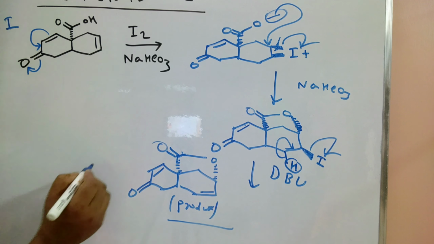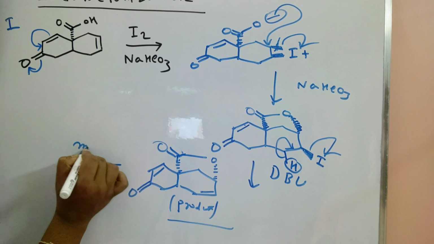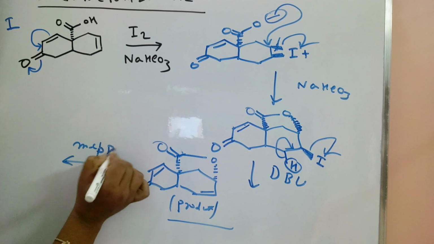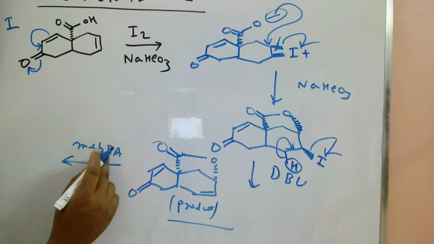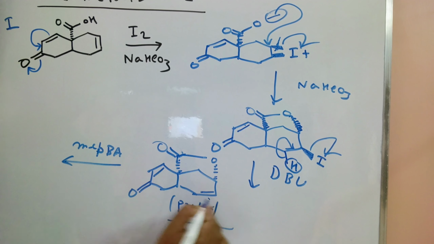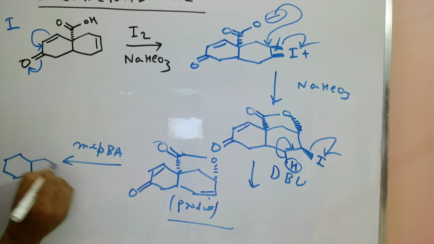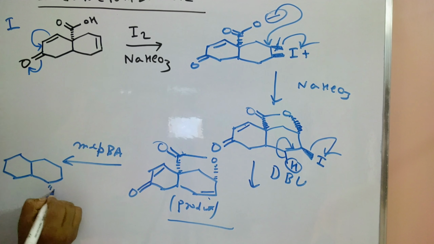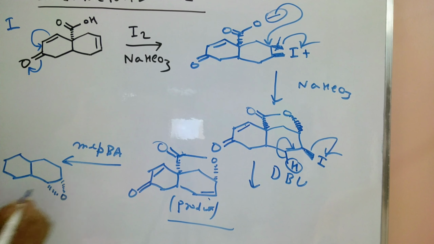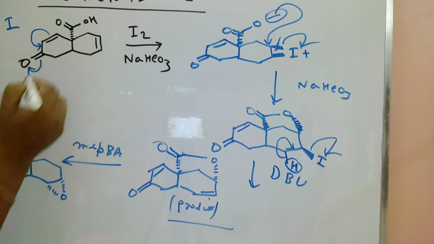But very important thing, when we use MCPBA, we also discuss the MCPBA reagent. So in the presence of MCPBA, on that position epoxide forms. So at which side does epoxide form? Here we also draw the structure with the formation of epoxide. So why does it not form epoxide here? Because here conjugation is present.